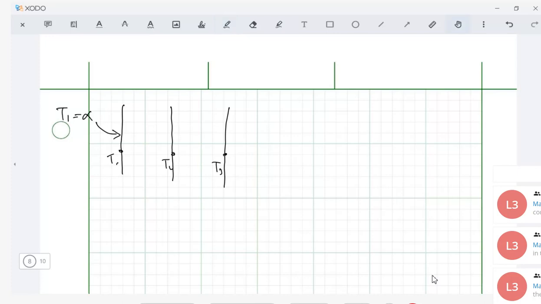This is K1, this is K2, and this is our T3. What we have here is, let's say, a fan that blows the air.